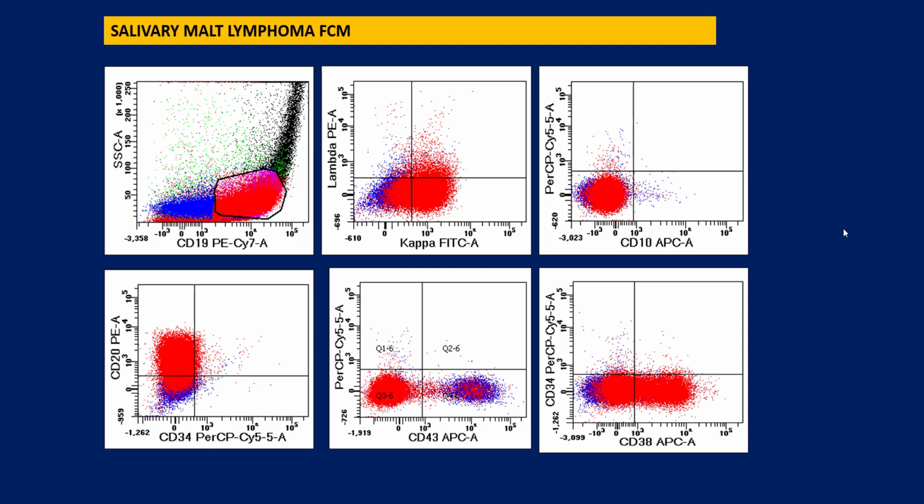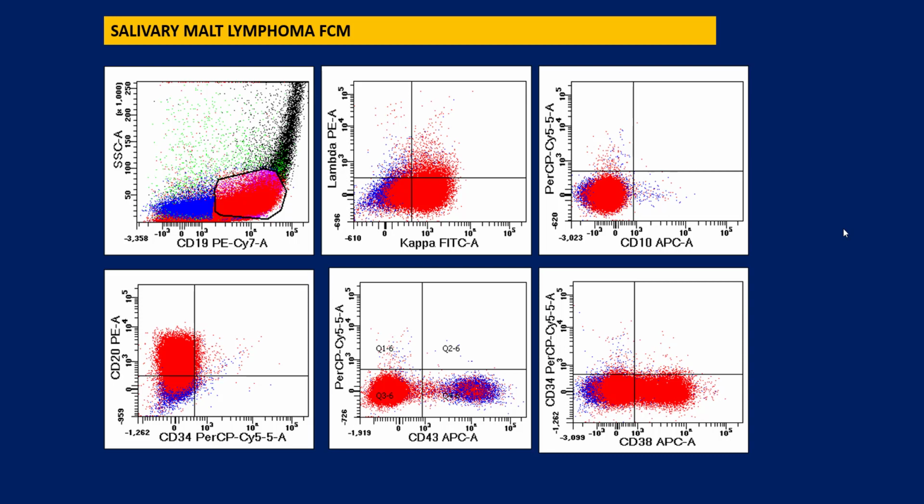So flow cytometry is very important. So when you are in trouble, you should use flow cytometry. In fact, why not use flow cytometry in most of the cases where you see a lymphoid cell rich FNA from the salivary gland, unless you are absolutely certain that you are dealing with a non-lymphoid or an epithelial tumor.